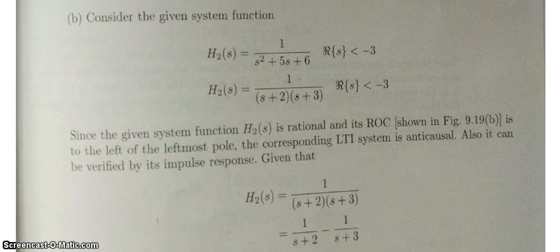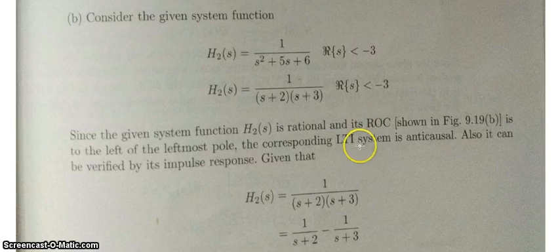Now consider the second system function. H2(s) is again the same transfer function, 1 by s squared plus 5s plus 6, but the ROC is different: real part of s less than -3. As we have seen earlier, it has 2 poles located at -2 and -3, and ROC real part of s less than -3 means the ROC is lying to the left of the leftmost pole.